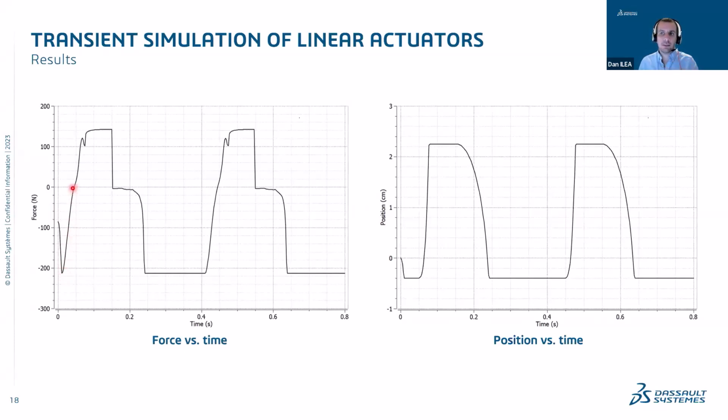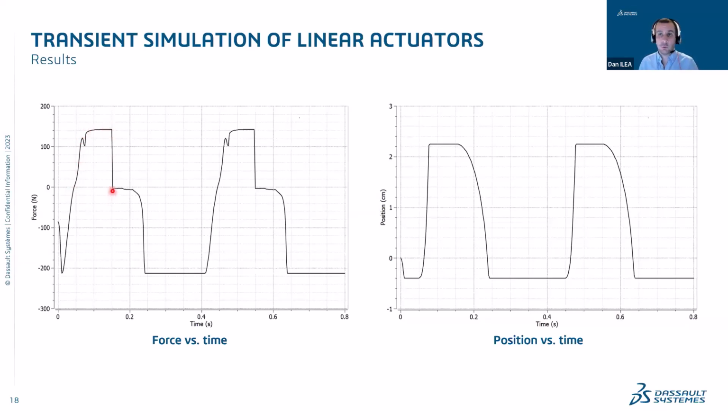We're crossing 0 force. So now the electromagnetic force from the coil and the force from the magnet are equal. And from this point onwards, the force from the electromagnet is larger than the force of the magnet. So the moving part is now moving away from the magnet and going to the other end, where it stays, stabilized.